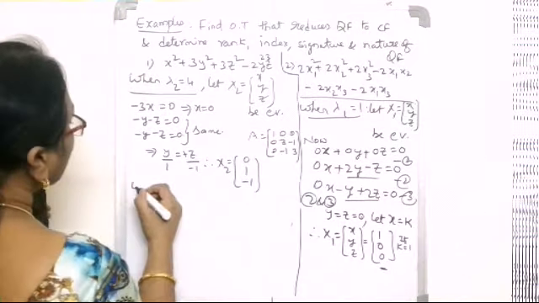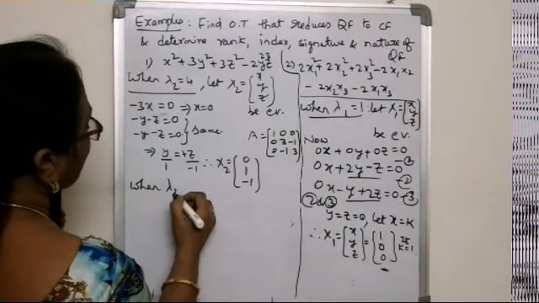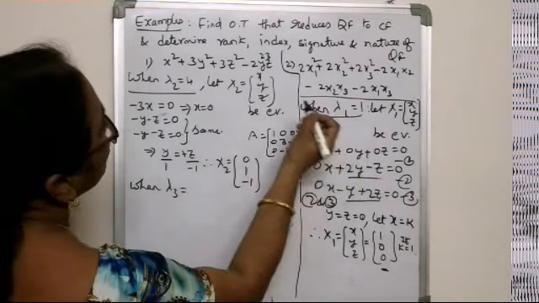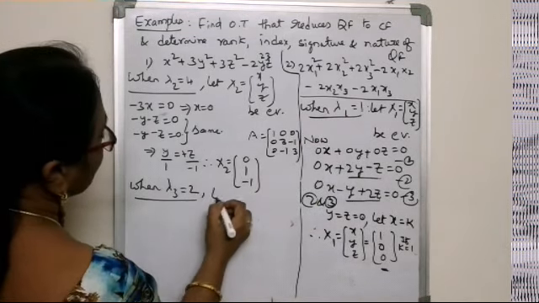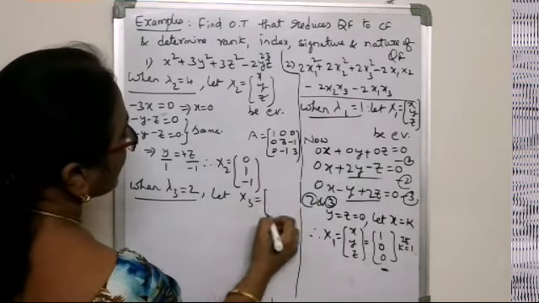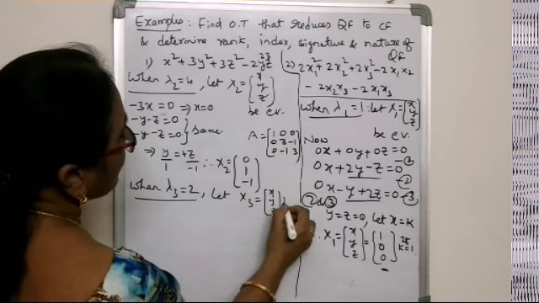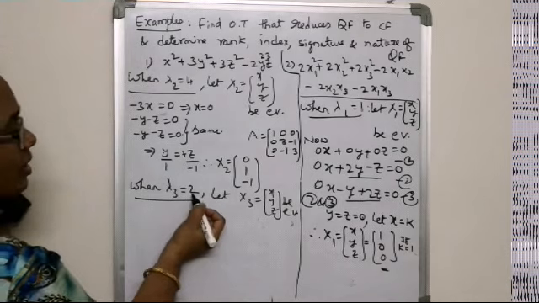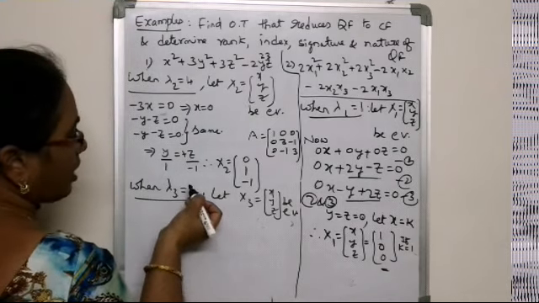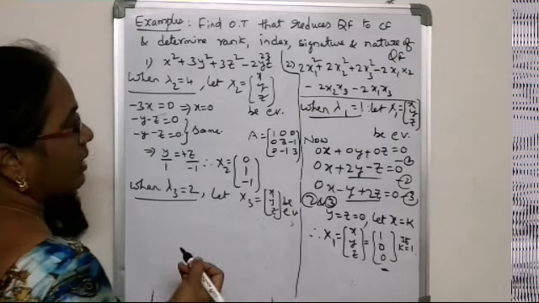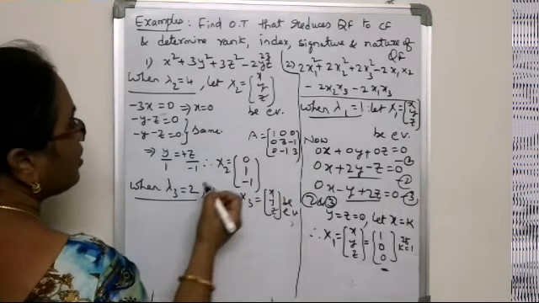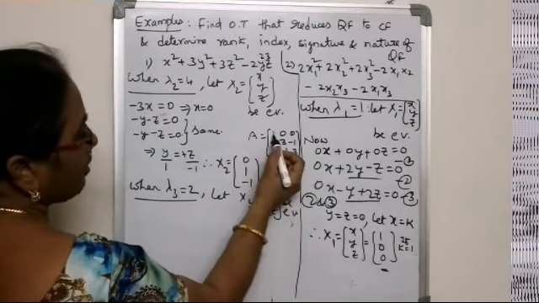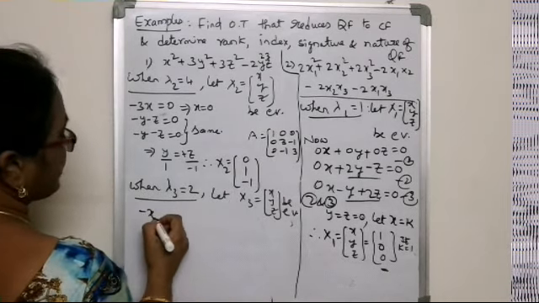Now corresponding to the third eigenvalue lambda 3 equal to 2, let us suppose that x3 is equal to the column xyz be the eigenvector corresponding to this eigenvalue 2 of the matrix A. From the first row we have the homogeneous equation 1 minus 2, we have minus x.